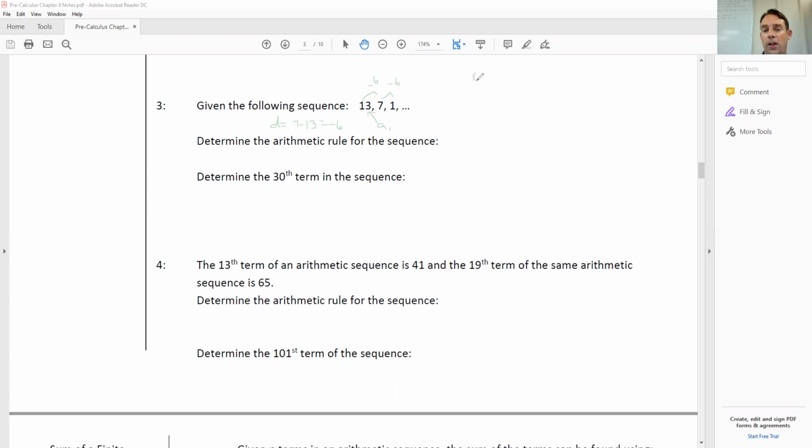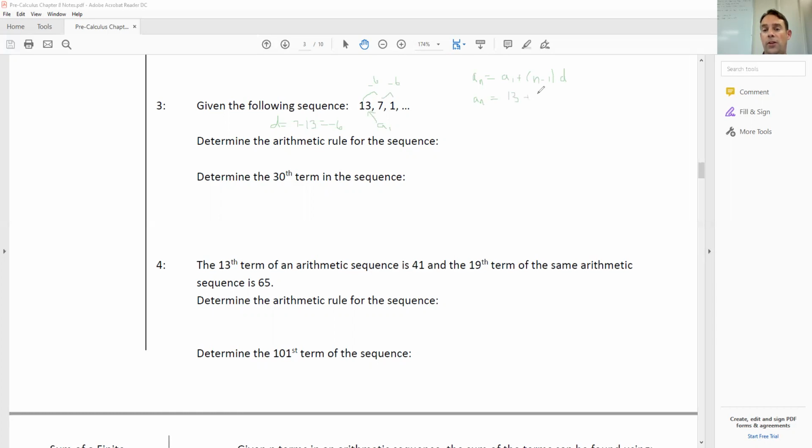So a sub n equals a sub 1 plus n minus 1 times d. And if you've learned the point slope form, that's really all this is, just the point slope form for a line. That's all we're doing here.